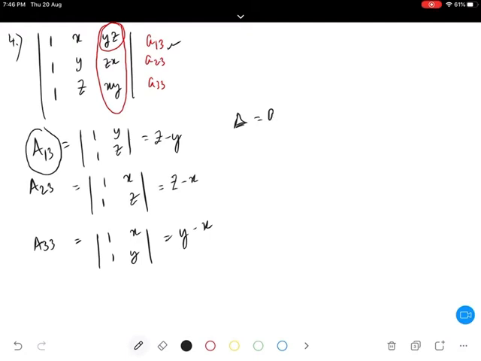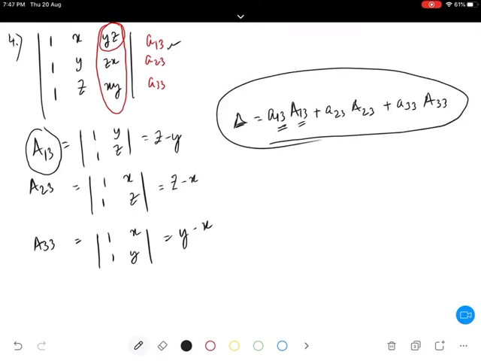So whatever element you write, the corresponding cofactor of that element you have to multiply: A13 times capital A13, plus A23 times capital A23, plus A33 times capital A33. This one is your determinant. Am I clear? You multiply each element by its corresponding cofactor, add all three things, and you'll get the determinant of the matrix.